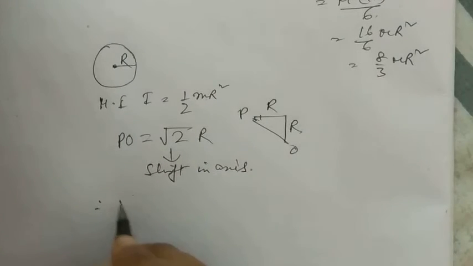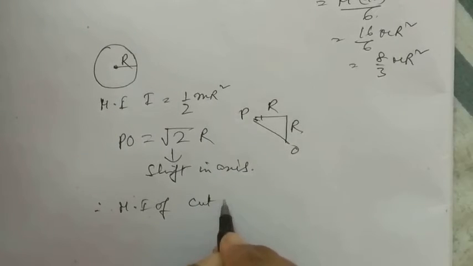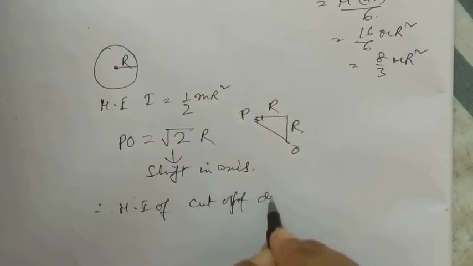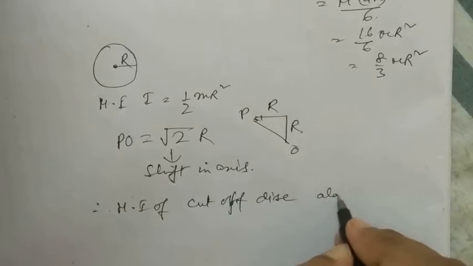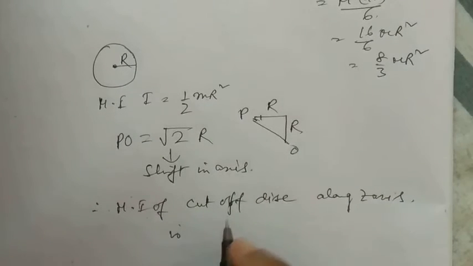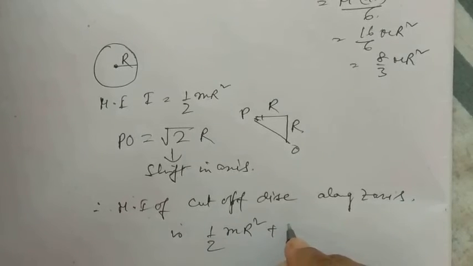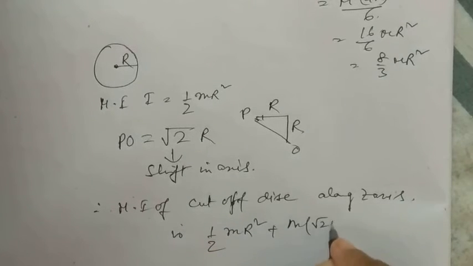So the moment of inertia of one cutoff disc along the z-axis is half mr square plus m into root 2r whole square.